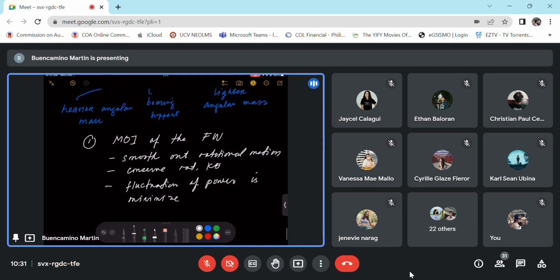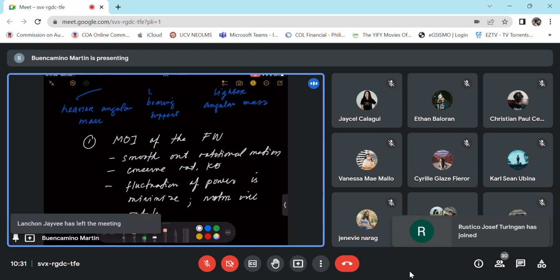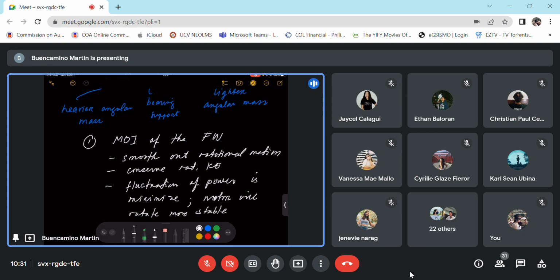so that the motor will rotate more stable. Right?